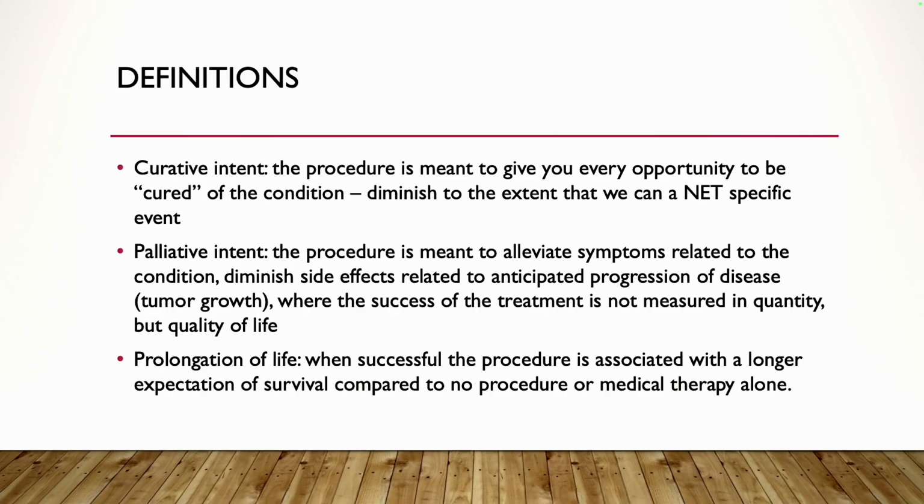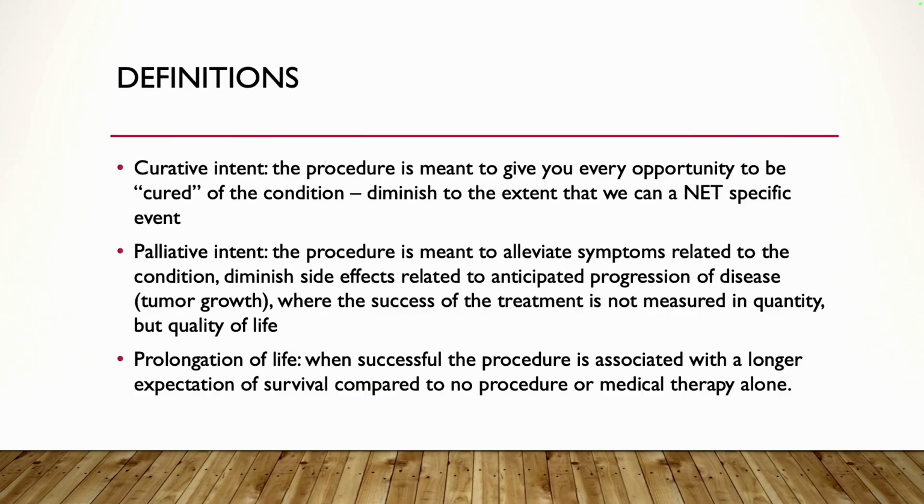A lot of what we do in neuroendocrine is done with palliative intent, but I want to reassure you that quantity of life and quality of life are often linked. So it's not as if we say, oh, we're doing this with palliative intent, you will not live any longer, but we're trying to just improve your symptoms. No, it can also be associated with prolongation of life, which is the next one.